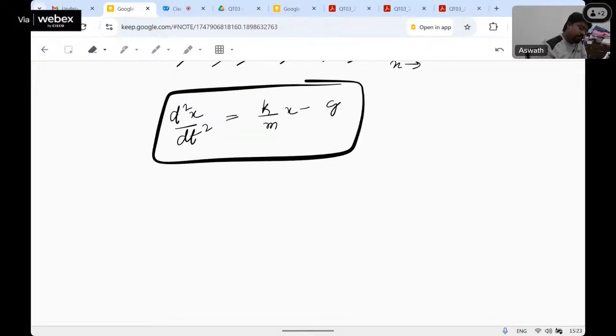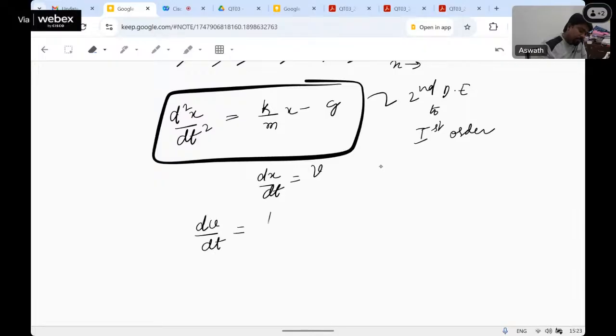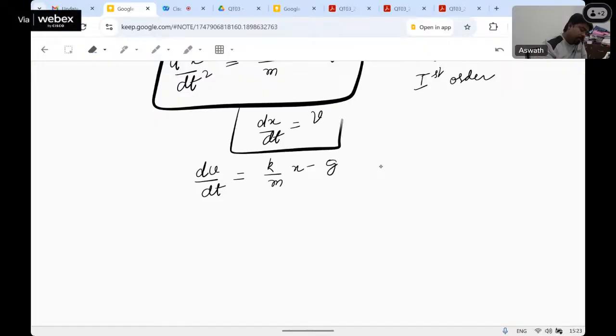For the second order differential equation, I will introduce dx by dt is equal to v, because I want to reduce the second order differential equation to a first order differential equation. When I introduce that, this becomes dv by dt is equal to k by m x minus g. So I have one equation for dx by dt and another equation like that.